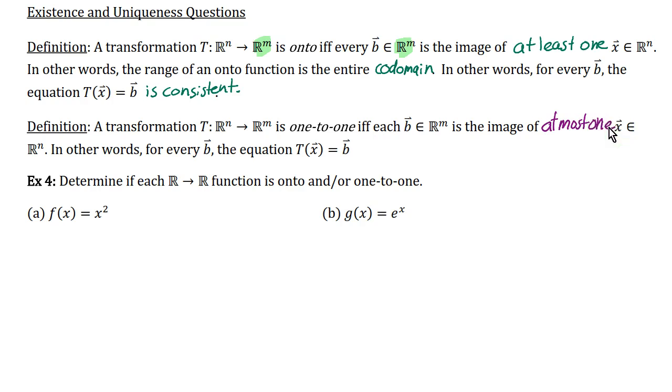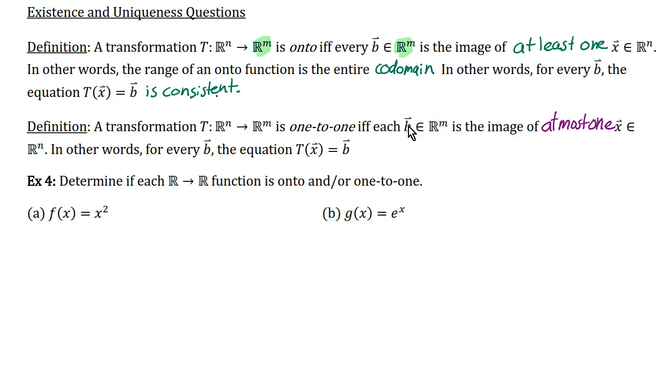So that means there could be 0 x's that make T of x equals b, or there could be one vector x that makes T of x equals b, but there can't be two different vectors, like x and y, that make T of x equals b and T of y also equal to b. That's not one-to-one.